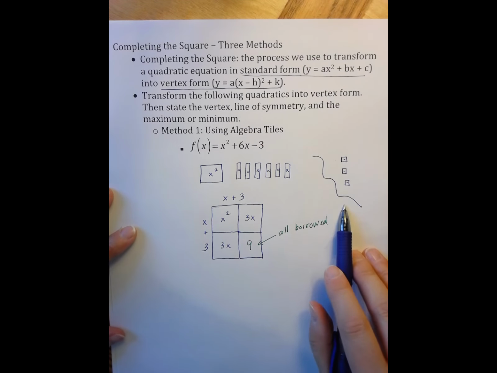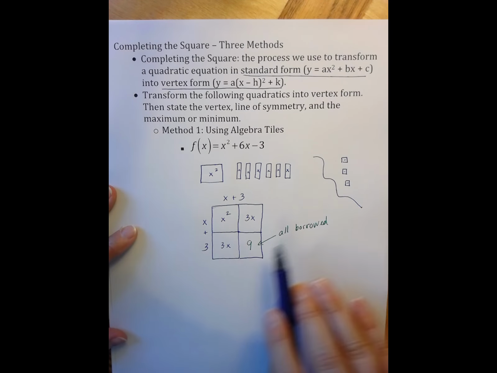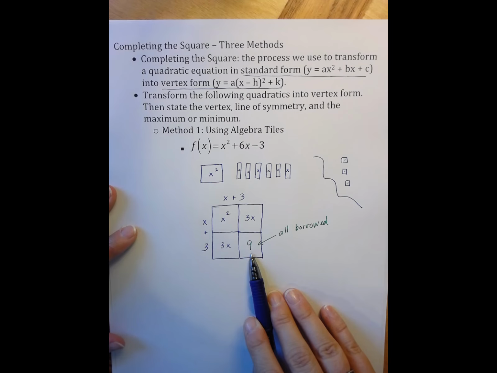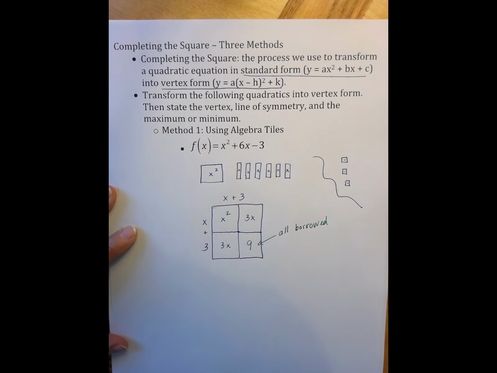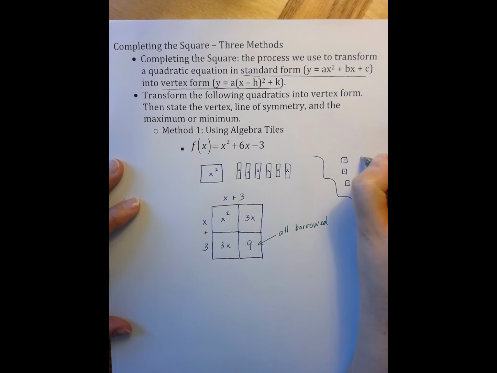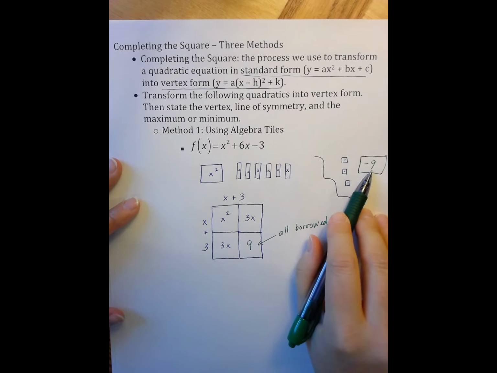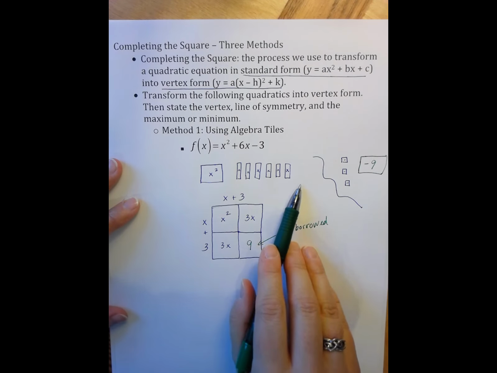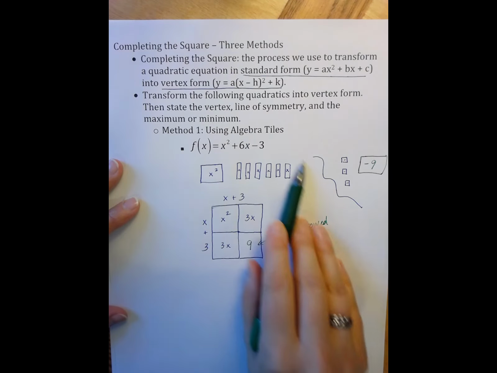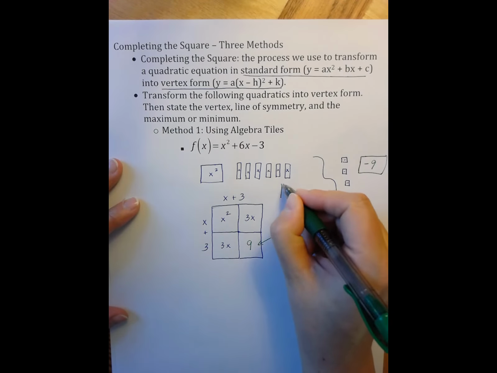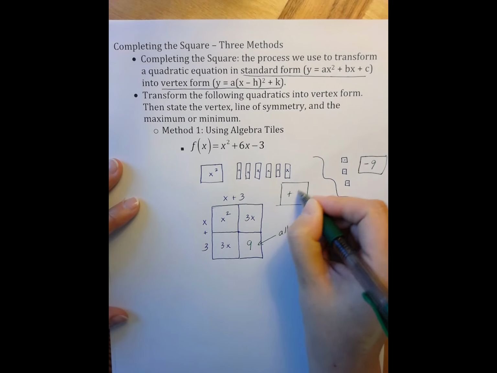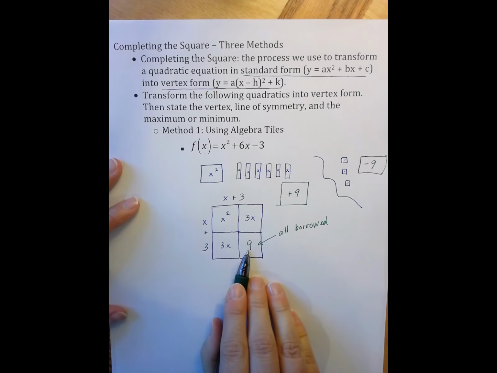That's what negative means, is I've borrowed 3 of them. So now I need to borrow another 9 of them. So I'm going to draw in another 9. Minus 9. And I need to borrow the 9 because what I've actually done essentially is I've added 9 here. That's what this is, adding 9.